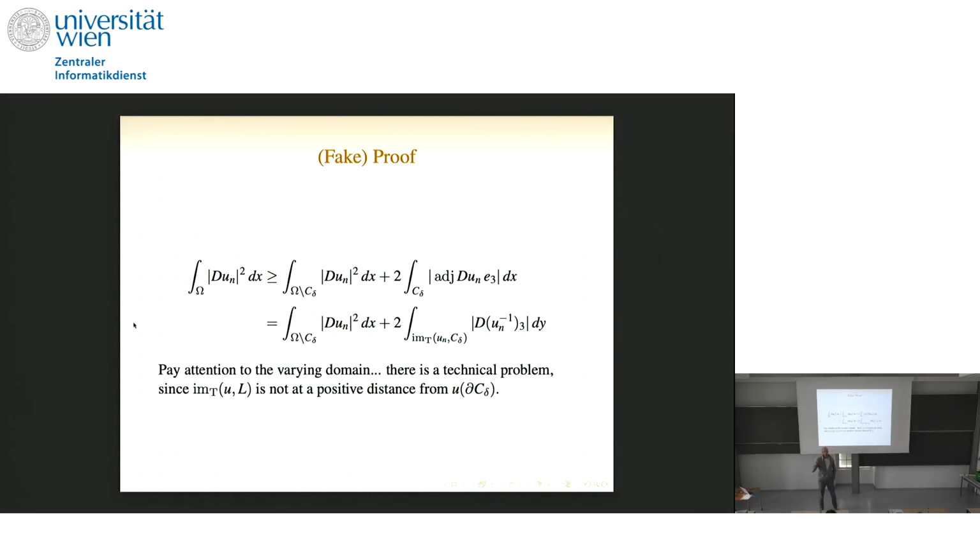Now, when you shrink delta to 0, here you recover the full gradient of u. Here instead, what you get is the part of the gradient of the inverse concentrated on the image of the axis. But I already told you that it is fully concentrated, so it's fine. It is a fake proof.